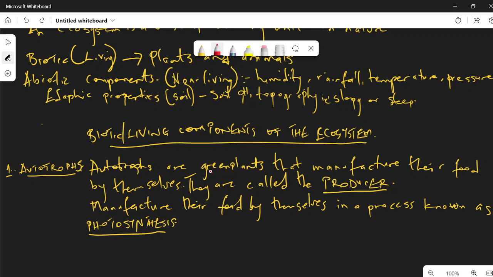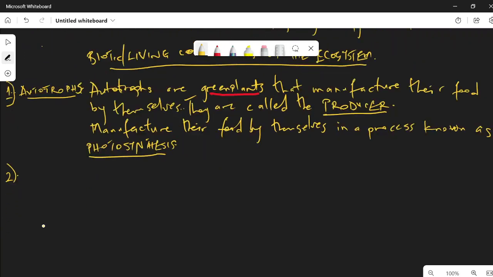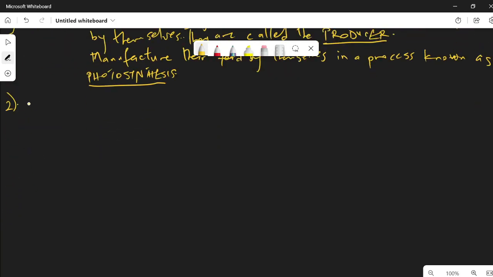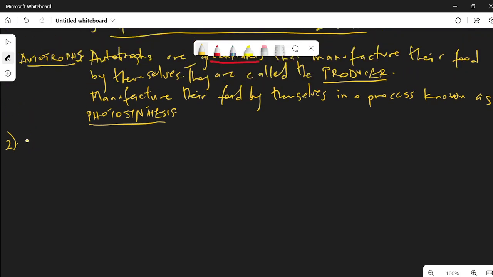So you need to understand that. So that takes us to the second component, which is the heterotroph.